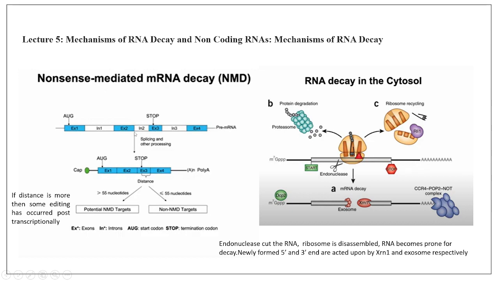But we have studied differential splicing, differential expression of genes. We have studied an example where the same protein is of different length in one organ and a little longer in another organ.